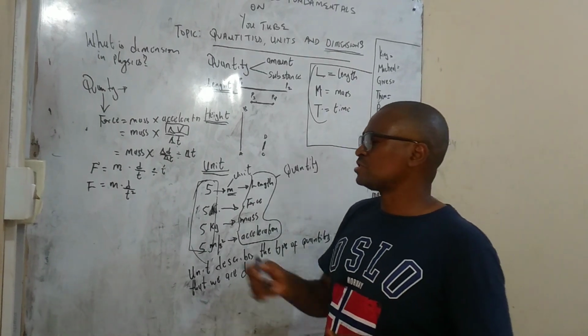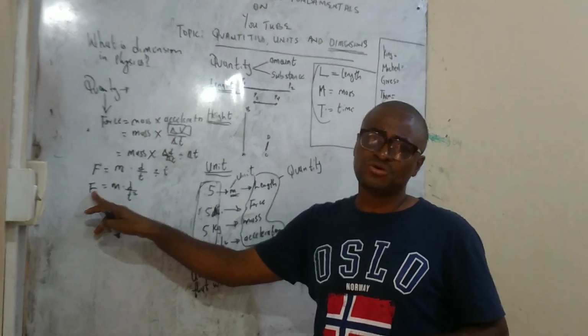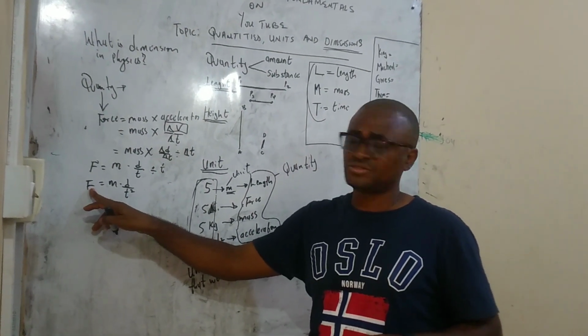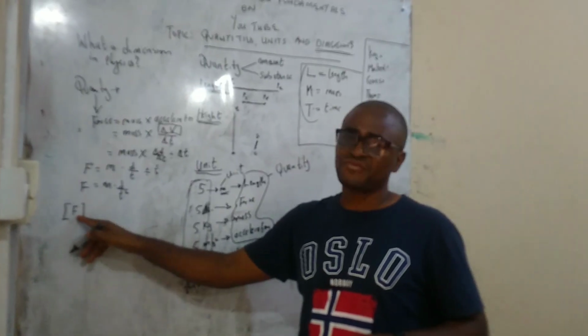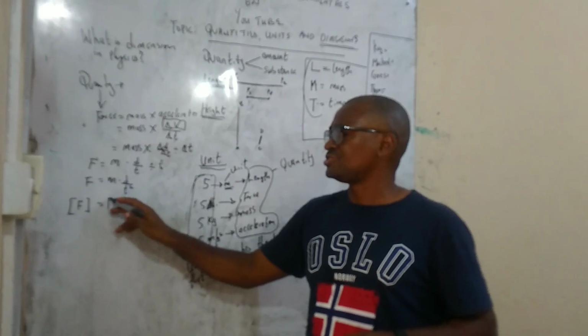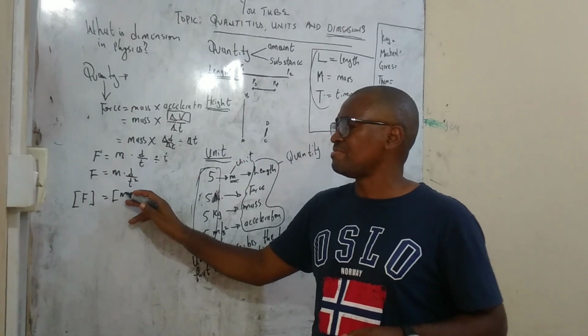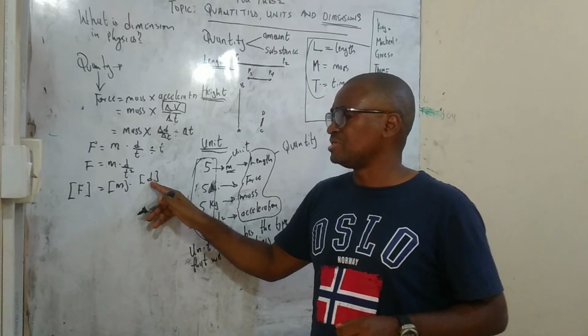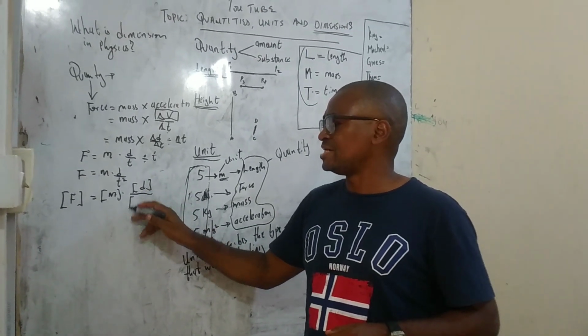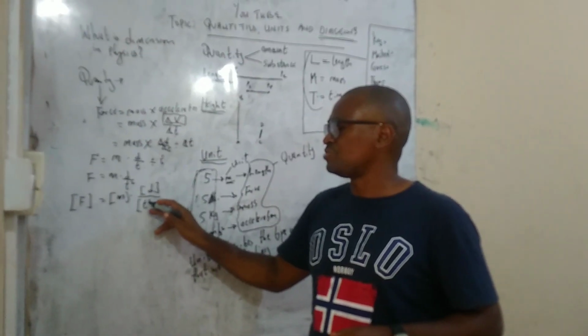Now, if I want to find the dimension of this quantity F, the force, I can put this bracket. This bracket is talking about the dimension of F is equal to the dimension of mass m times the dimension of displacement d divided by the dimension of time t squared.